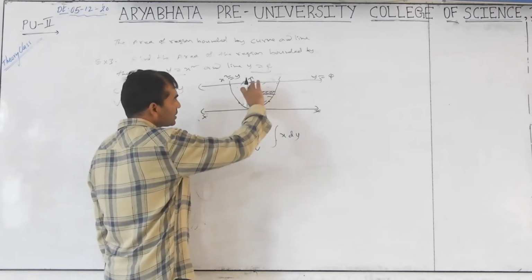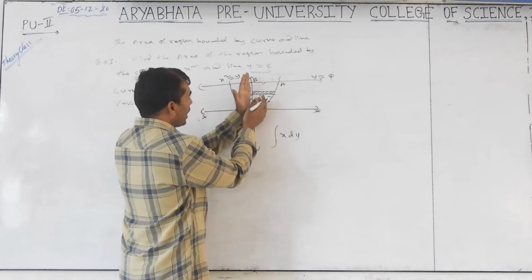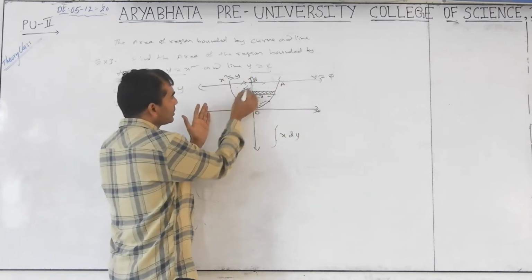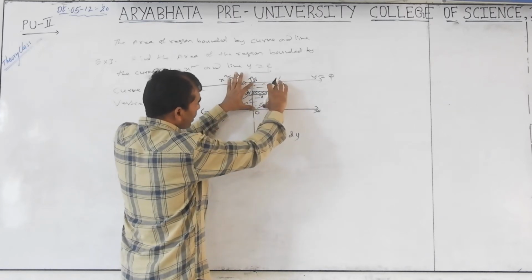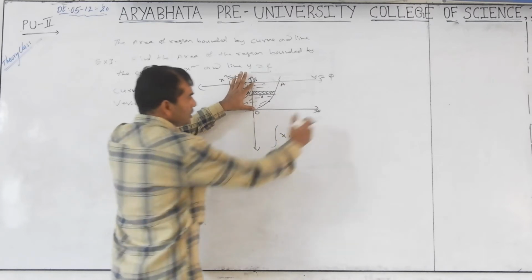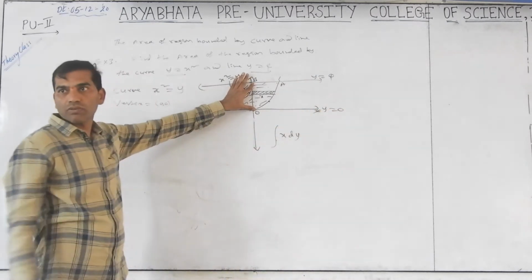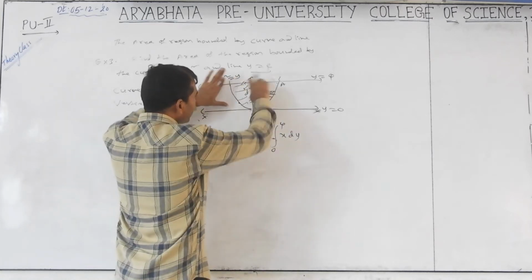Now I am going to find OAB, and 2 times OAB will give the whole area. The area of OAB is bounded by y equal to 0 and y equal to 4. When you multiply by 2, we get the whole area.